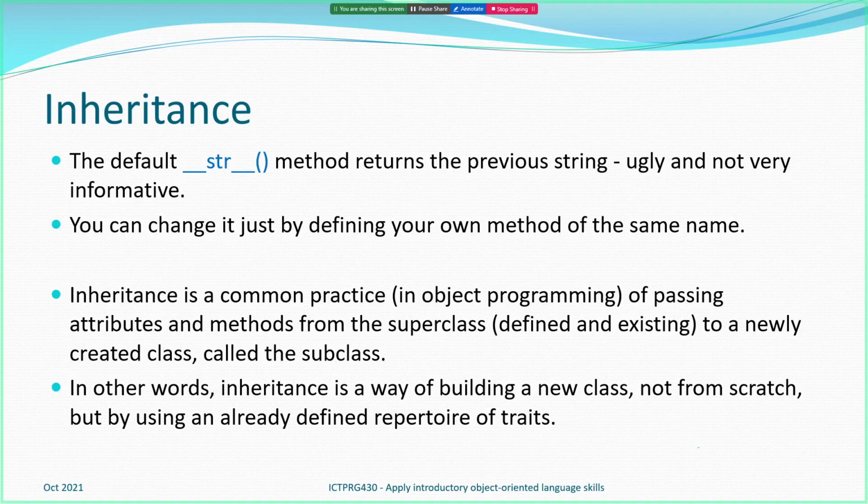Now, inheritance. This is fairly straightforward, but can get a little complex. There is a default string method that returns the previous string, which can be used to get information from within our classes into a format that we can use.